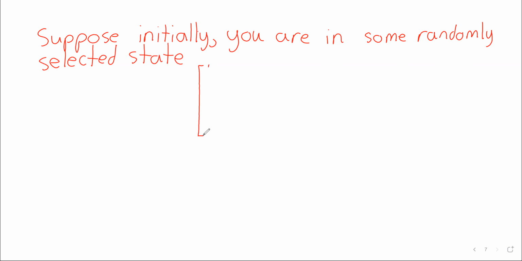You're in state 1 with initial probability p1 sub 0. And you're in state 2 with initial probability p2 sub 0. State 3 with initial probability p3 sub 0. And state 4 with initial probability p4 sub 0.